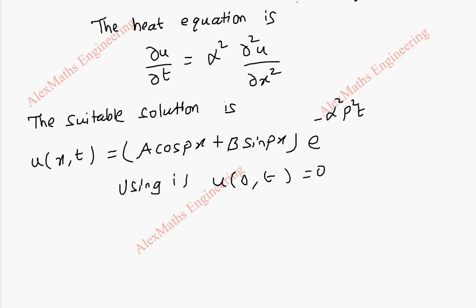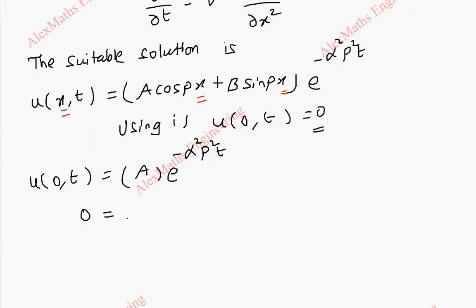So wherever x is there, I have to substitute 0. When I substitute 0, we get u(0,t) = A cos 0, which is 1, and sin 0 is 0. So we have only A e^(−α²p²t), and this value is 0. So 0 = A e^(−α²p²t). Here e^(−α²p²t) is not equal to 0.